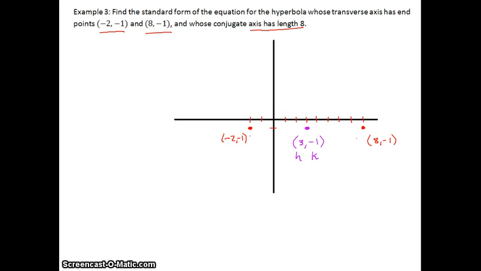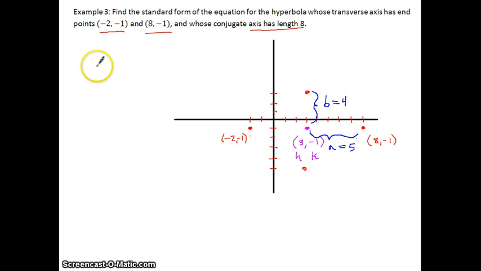And if I want to find endpoints of my conjugate axis, because it has a length of 8, I simply need to go up 4 from the center and then down 4 from the center. Alright.